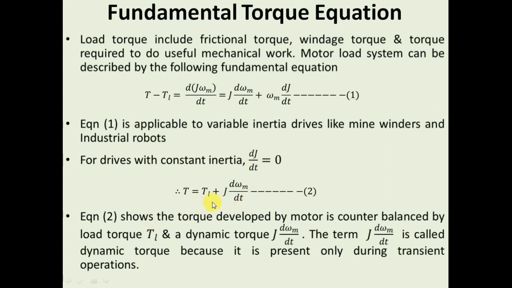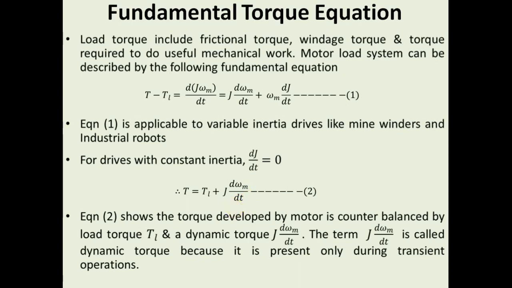Similarly, in the case of deceleration transient condition, the value of TL will be greater than that of T. So this relation T minus TL is equal to J into d omega m by dt becomes negative. In this particular case, the energy associated with this dynamic torque is negative, which means that this dynamic torque will be assisting the motor torque and maintains the drive motion by extracting the kinetic energy stored in the motor shaft.